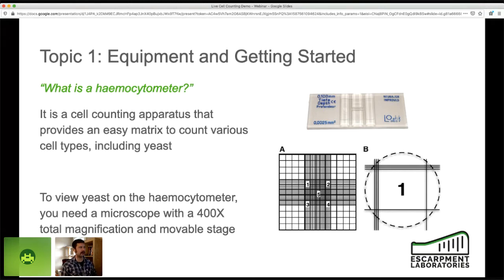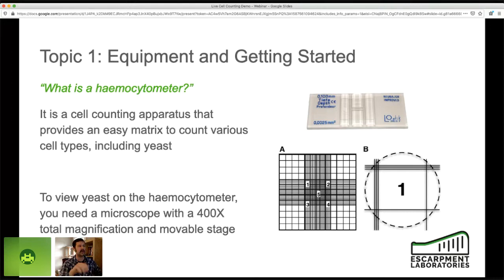So, your equipment and getting started. What is a hemocytometer? It's a counting apparatus that provides an easy matrix to count various cell types, including yeast. To view the yeast on the hemocytometer, you need a microscope of at least 400x total magnification and a movable stage, as we mentioned earlier. This is in this diagram here.